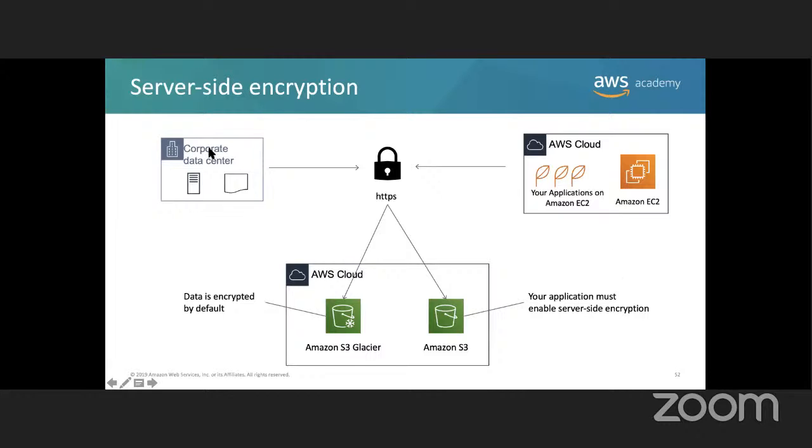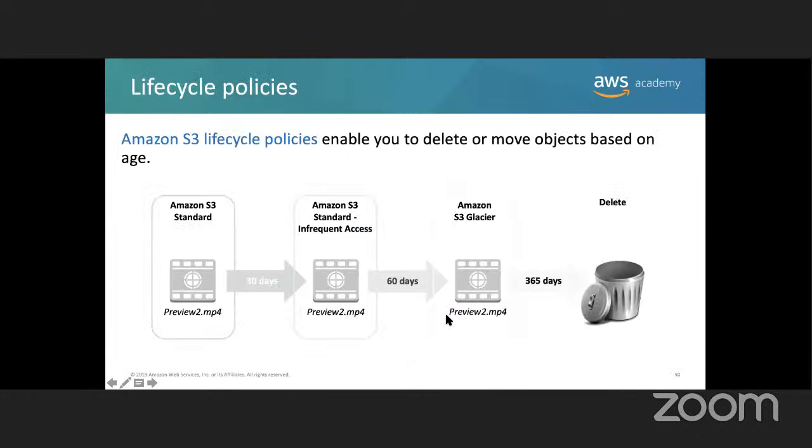So you can upload from the corporate data center, you can upload from the cloud, or from your applications on Amazon EC2 instances, and then you put it in Glacier or in S3, depending. You don't have to work on encryption here. It's already encrypted. You have to enable it here, otherwise it will be disabled by default.